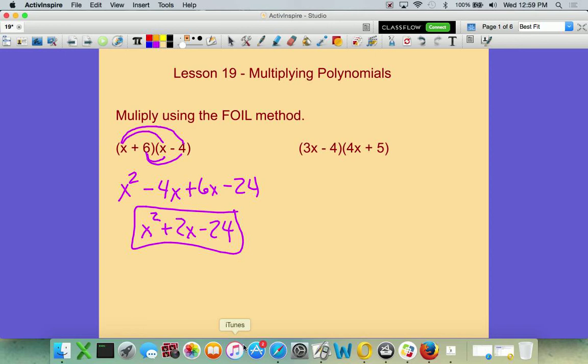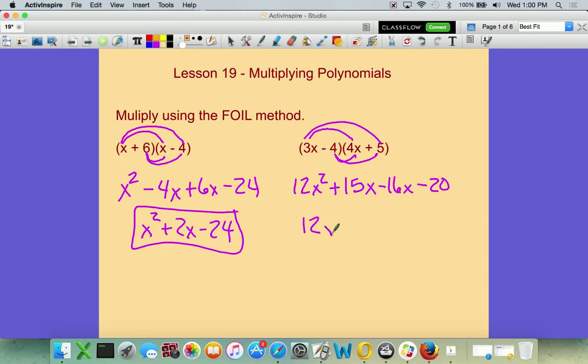Alright, going to the next one, we're doing the exact same thing. 12x squared plus 15x minus 16x minus 20. 12x squared minus x minus 20 is your answer.